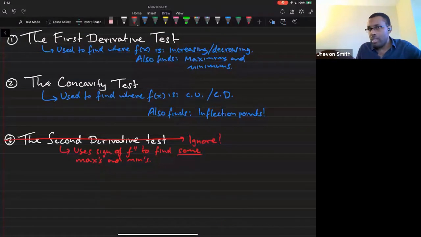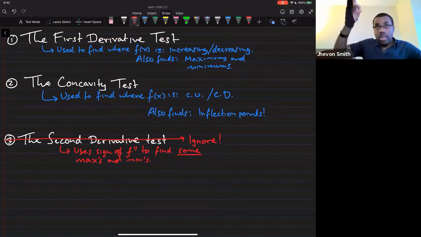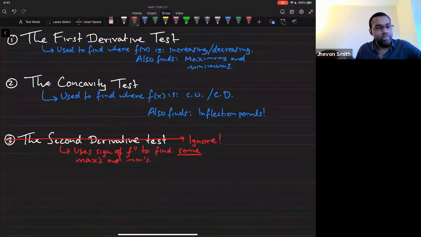If you ever need it, it's not going to be difficult to understand. You'll read the statement, and you'll know that what it says is that where your first derivative is 0 and your second derivative is positive, remember second derivative positive means concave up, you'd have a minimum at this point. Versus if your second derivative is negative, you'd have a maximum at that point. That's essentially what it tells you.